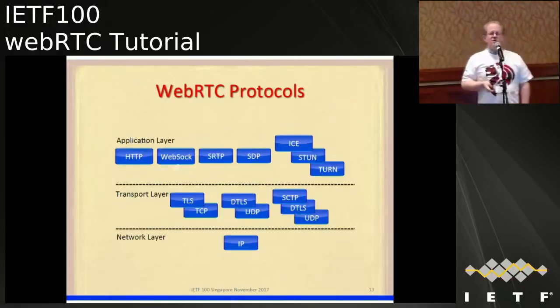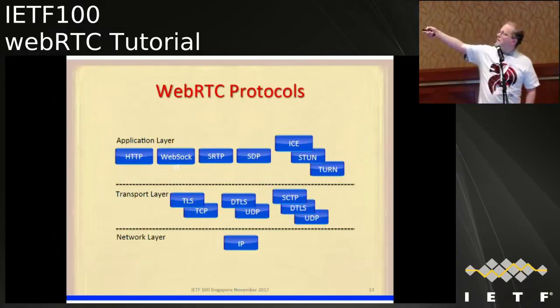Just briefly on protocols, I'm not going to go through these in detail. These are all the protocols that end up getting used at some point and in some way with WebRTC. I do want to call out a couple of them. The main thing I want to point out is that media is sent using SRTP, and that actually sits here, basically using DTLS for UDP packets.